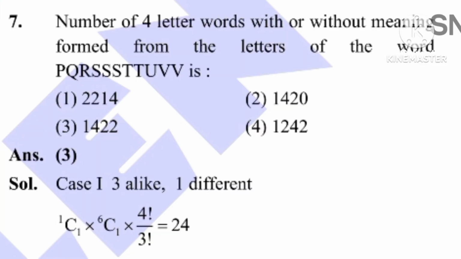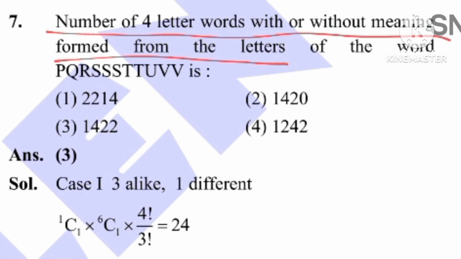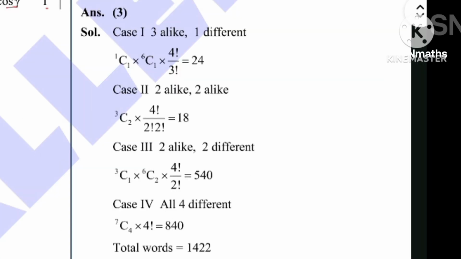Question number 7. The number of 4-letter words, with or without meaning, formed from the letters of the word P Q R S S S T T U V V V is. Case 1: 3 alike, 1 different. That is 1C1 into 6C1, into 4 factorial by 3 factorial, that is 24. Case 2: 2 alike and 2 alike. 3 pairs can be selected, 3C2 into 4 factorial by 2 factorial 2 factorial, that is 18.